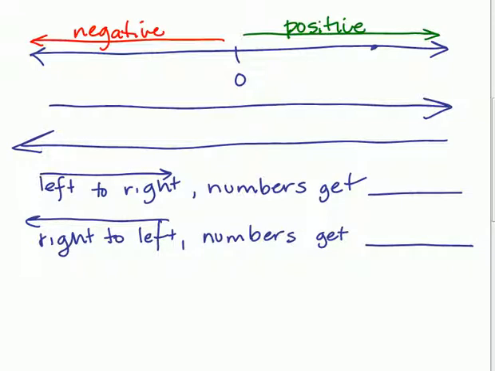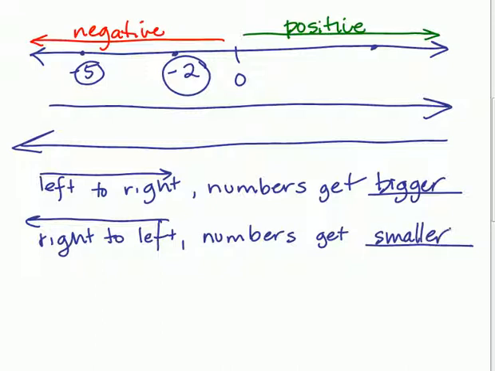So if you want to compare two numbers, let's say this is a -2 and this is a -5, which one's bigger? Yeah, the -2 is bigger, the -5 is smaller. So left to right, numbers get bigger, and not surprisingly, when you go from right to left, the numbers get smaller.